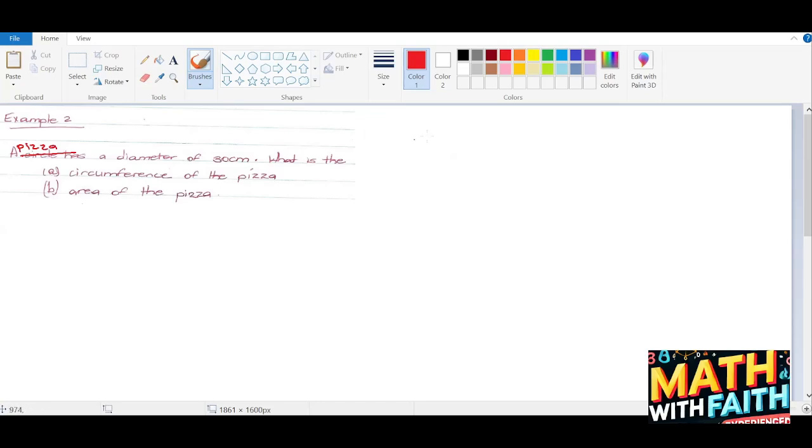So again, circumference C is equal to pi times d. And pi is, unless otherwise stated, 22 over 7 multiplied by 30 over 1.